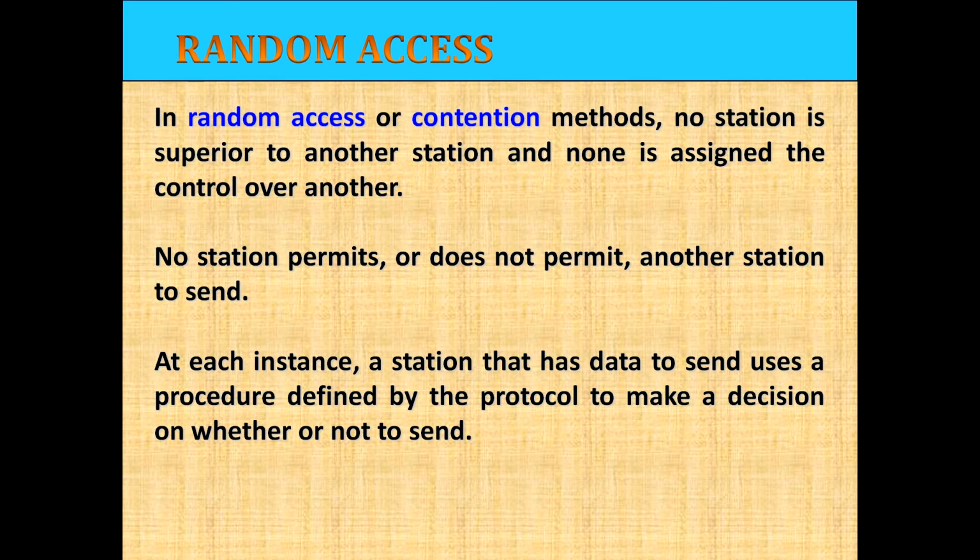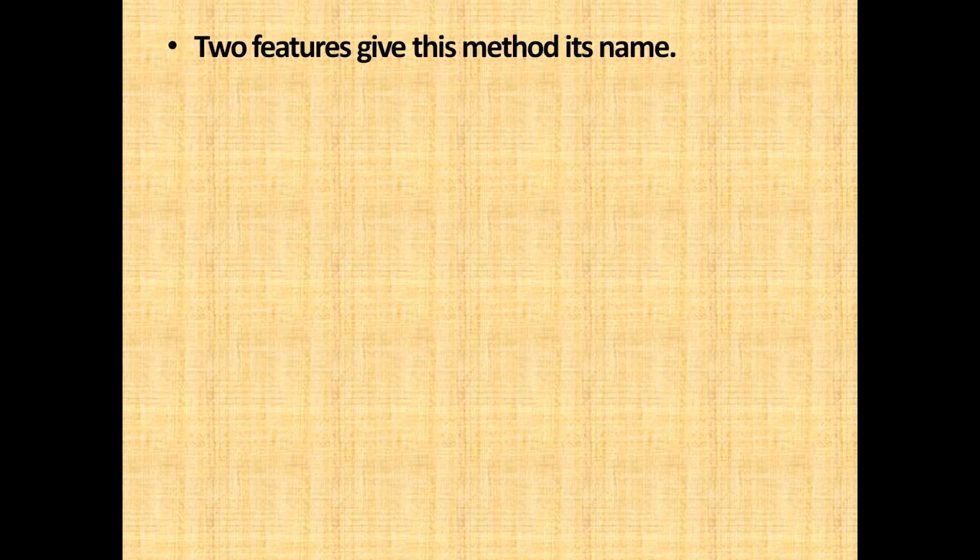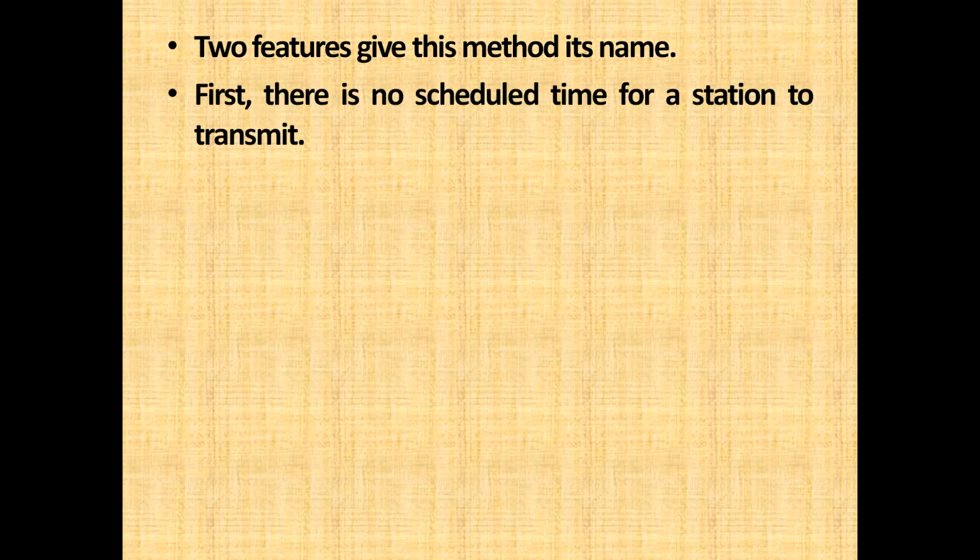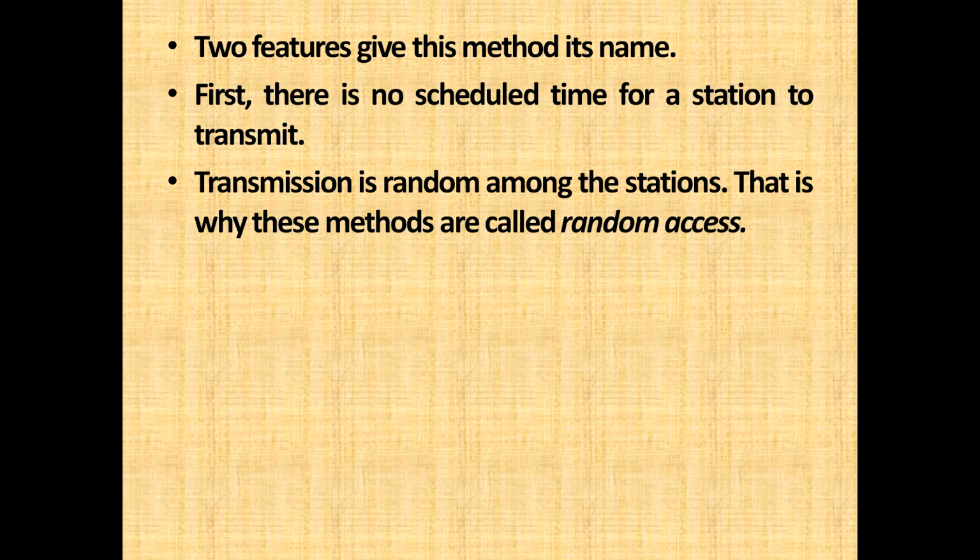Two features give the name random or contention. The first one: there is no scheduled time for a station to transmit. The transmission is random among the stations. That is why these methods are called random access. Each station randomly allocates the time slot, and based upon that time they can send the data. That is random access.